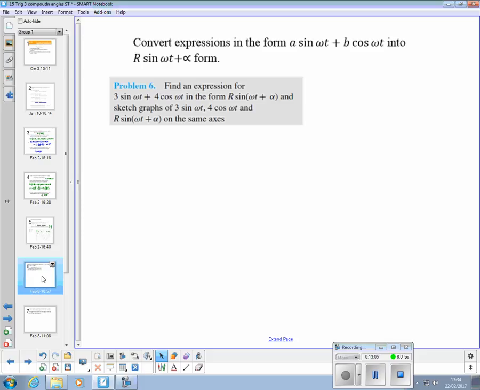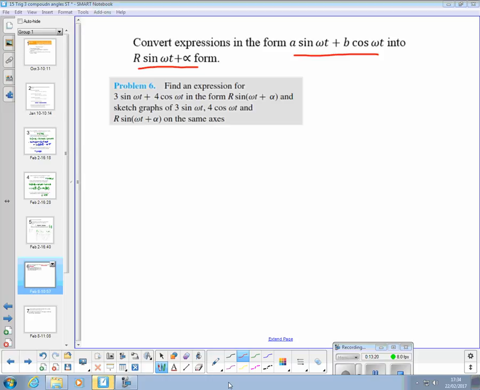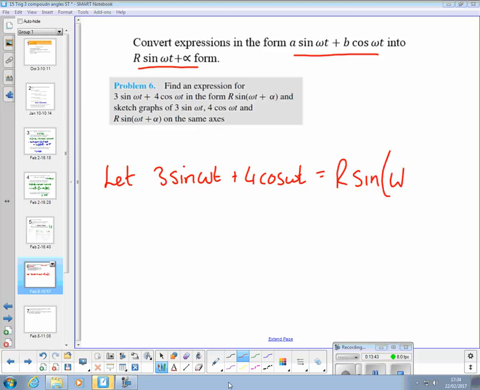It involves a little bit of using compound angle formulae. If we're going to turn that into the required form, what we need to do is say, let 3 sine omega t plus 4 cos omega t equal the form that we want, r sine omega t plus alpha.